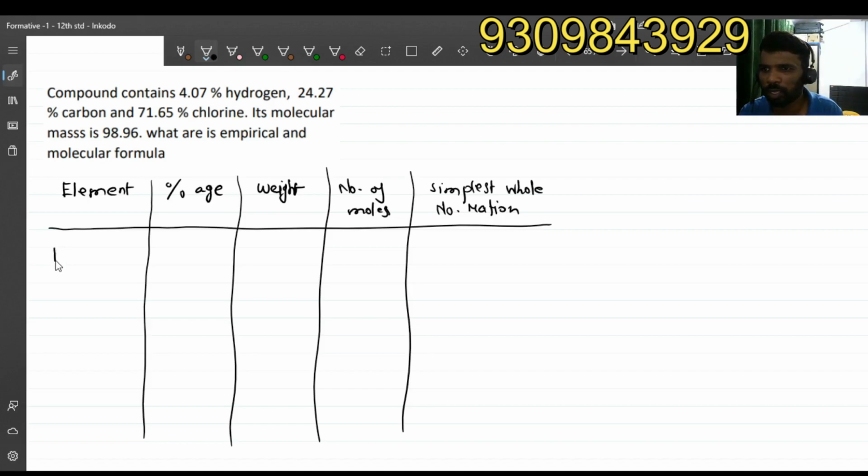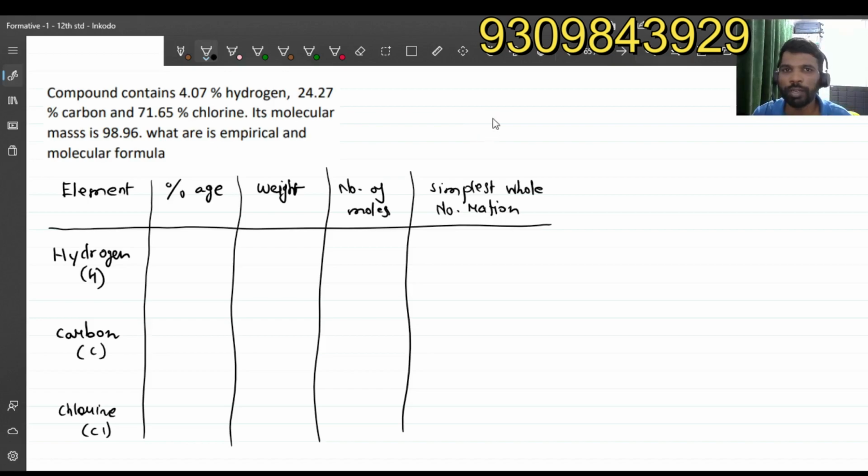So this is hydrogen, H. Then next is carbon, C, and then last is chlorine, Cl.